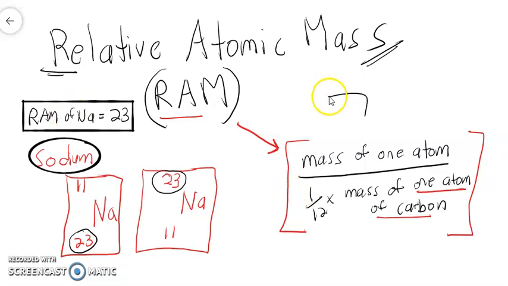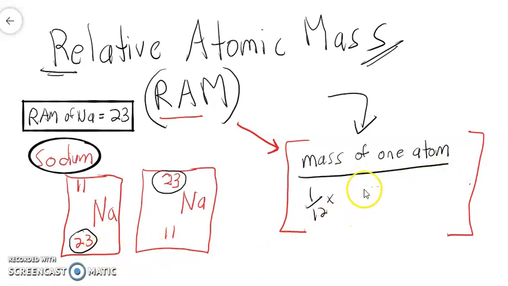Okay, now let us come back to this definition. Mass of one atom over 1 over 12 mass of one atom of carbon. Why is it 1 over 12? If you look at carbon, the mass of one atom of carbon is actually 12 here.